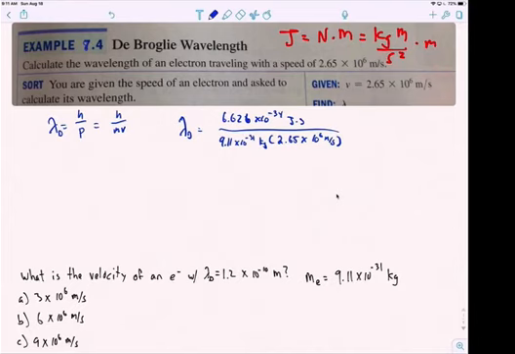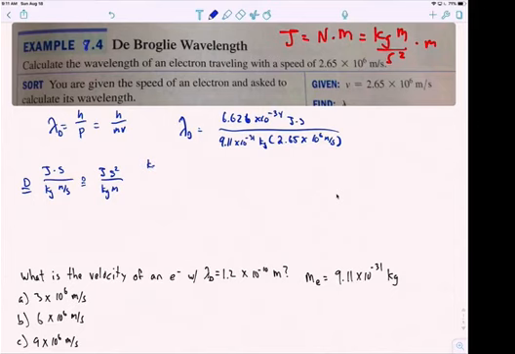Okay, so let's look at the dimensionality. We have joules times seconds over kilogram meters per second, which is joules seconds squared over a kilogram times meters, and a joule is a Newton meter.